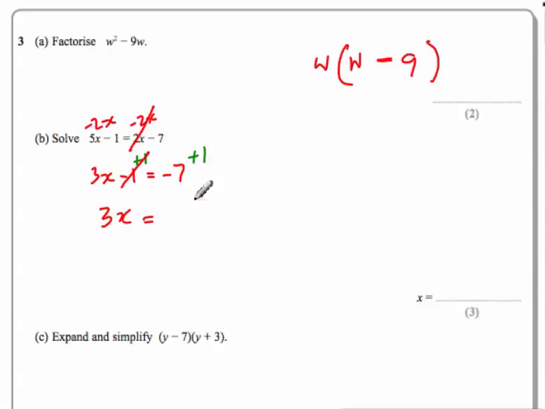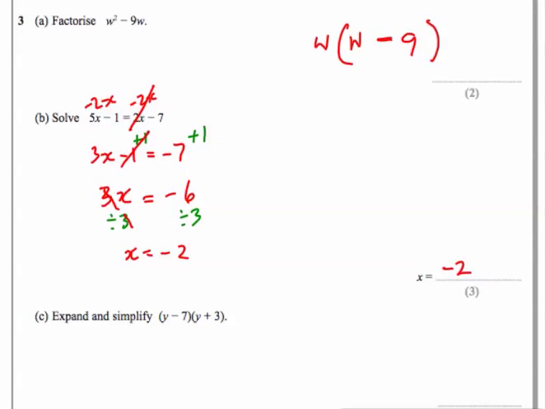You're at minus 7, you add 1, you get to minus 6. Now, we need to get rid of the 3. Well, it's a 3 times x. That means to get rid of 3, we need to divide by 3 on both sides. Those cancel out, and we're left with x equals minus 6 divided by 3 is minus 2. So x equals minus 2.